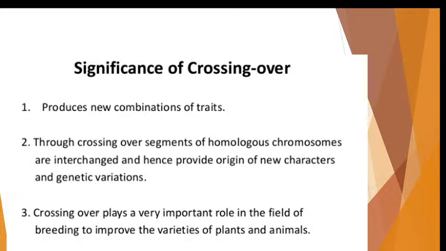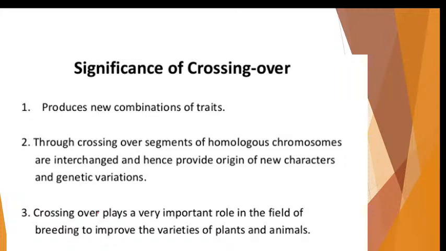First and the most important thing is it produces new combinations of traits or new varieties. Phenotypically, if you look, the offspring are not exact copies of their parents, and that is because of this phenomenon of crossing over.